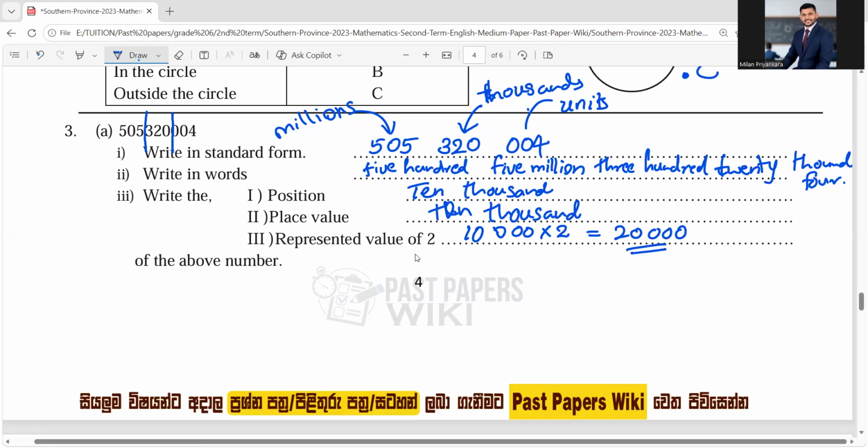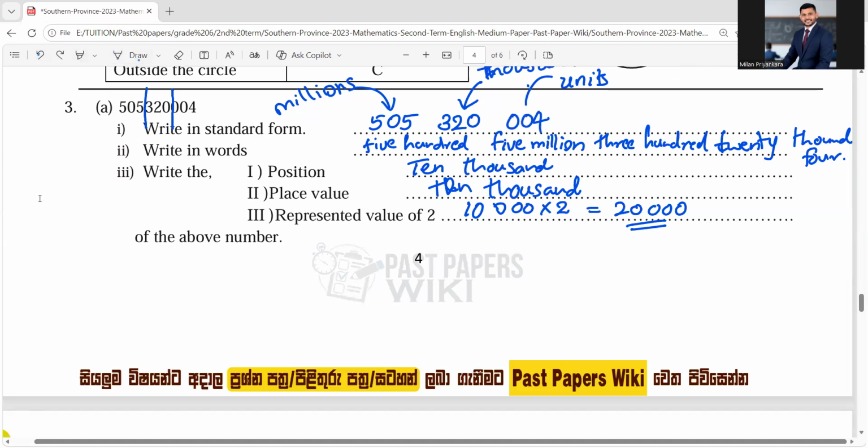Right? Above the number, in this position, you can write 1, 2, 3, 4. So I think you better write like this: 10,000 position. That's it. That's enough. Because they have just done a mix-up, so we don't need to get into it.